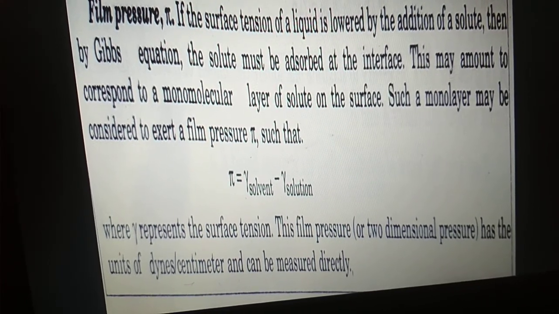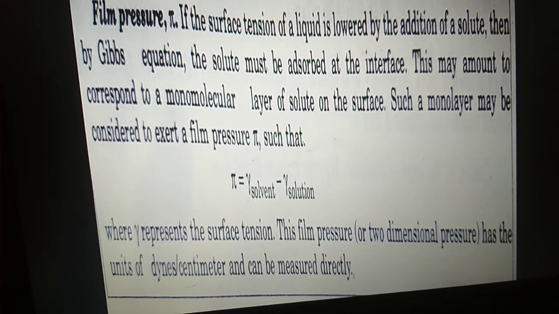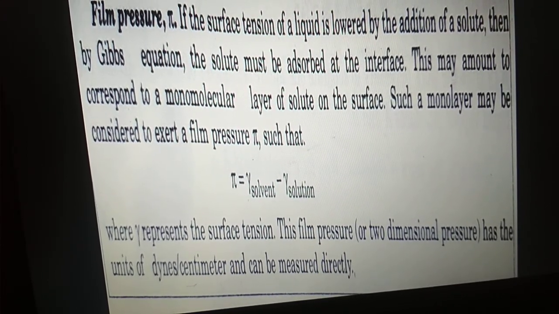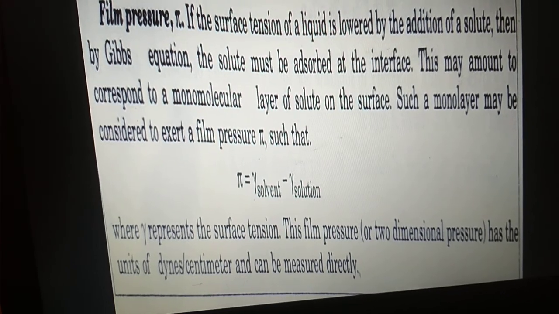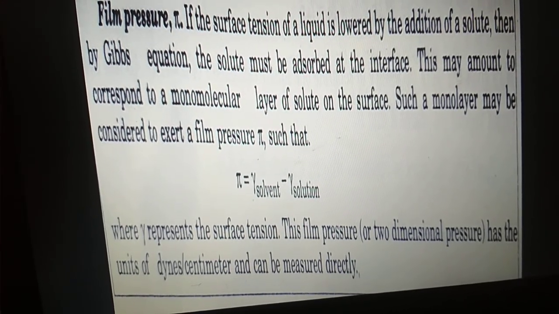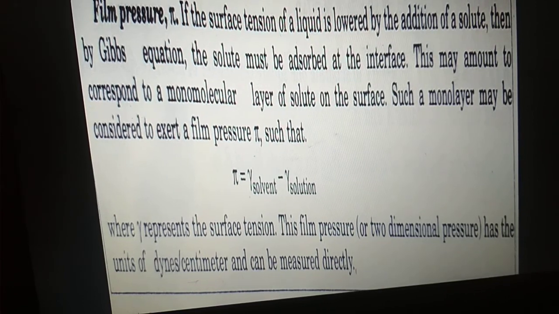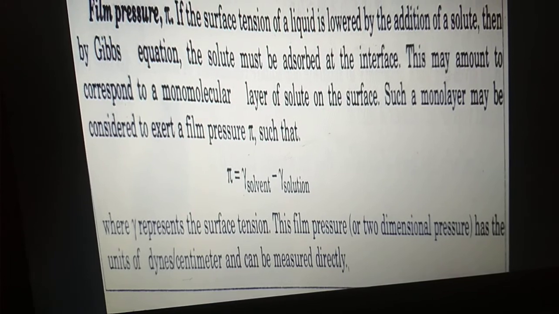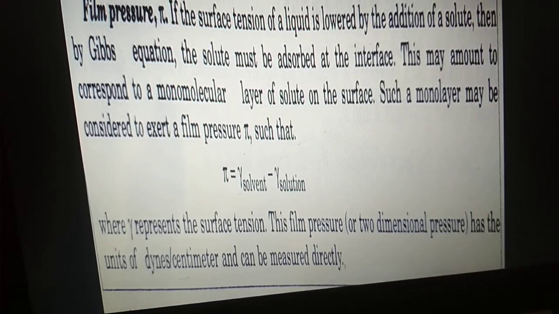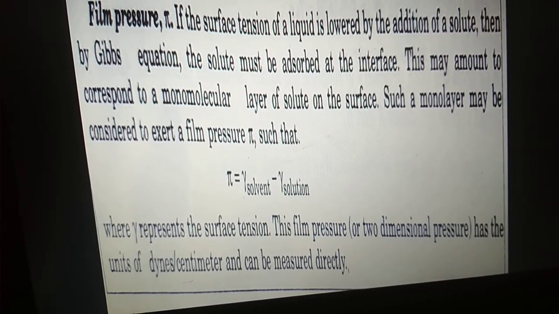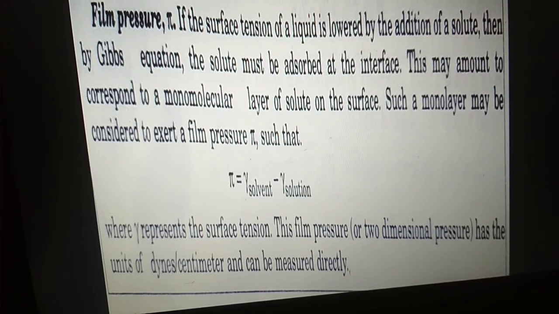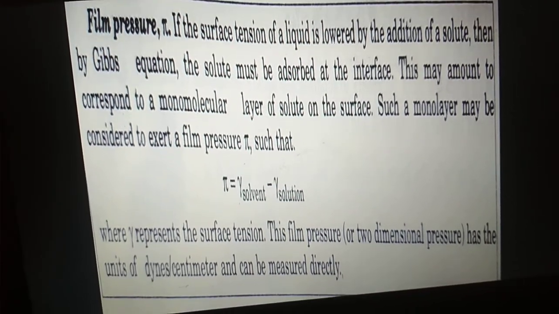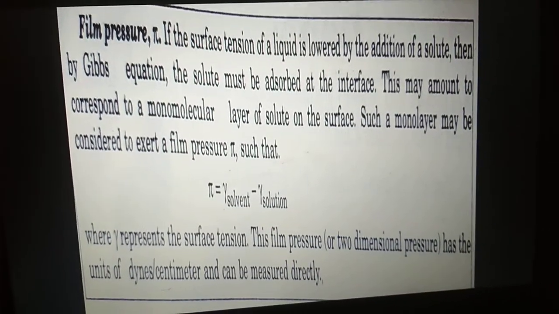Such a monomolecular layer may be considered to exert a film pressure pi, which is equal to gamma solvent minus gamma solution, or gamma 0 minus gamma, where gamma represents the surface tension. This film pressure or two-dimensional pressure has the unit of dyne per centimeter and can be measured directly.